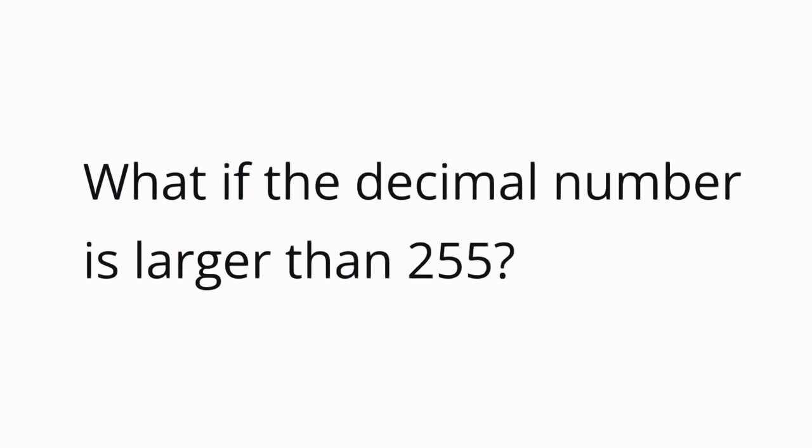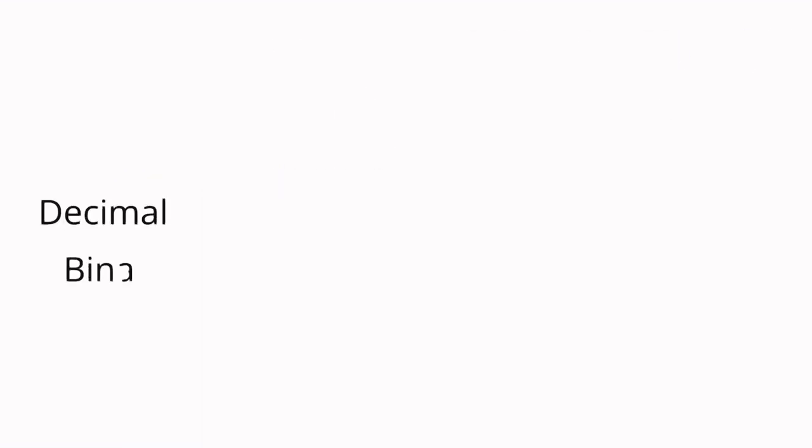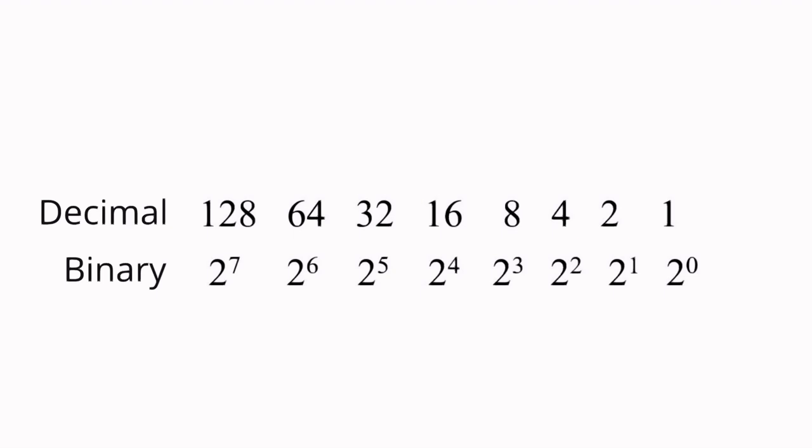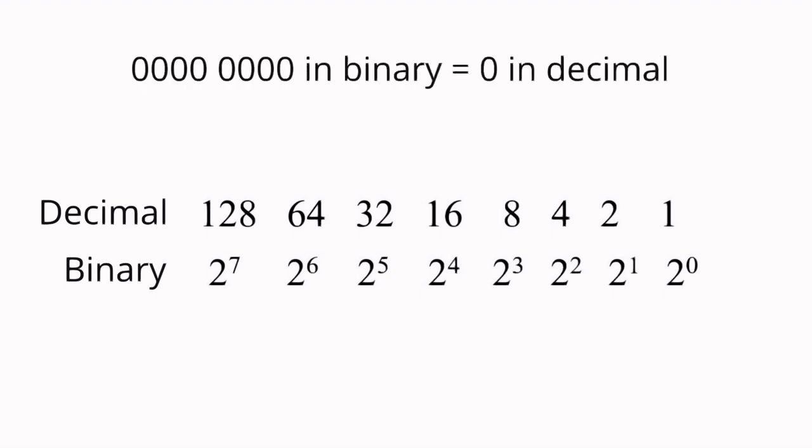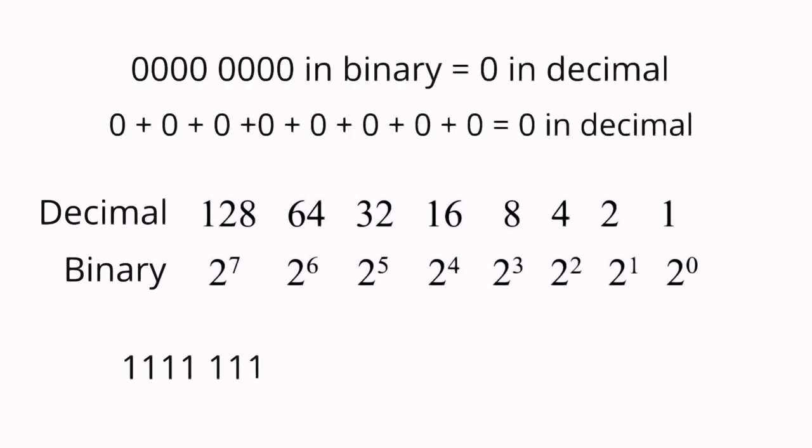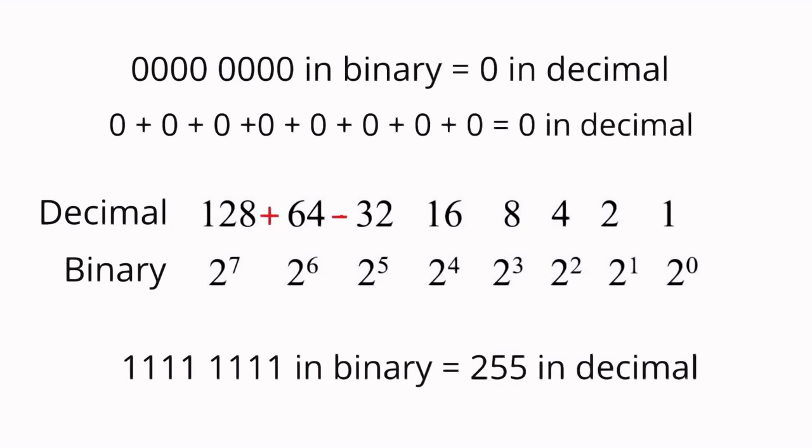This time I will show you what happens if we have a number larger than 255. Why 255, you ask? Because if you were to write down all zeros in binary, it would equal 0 in decimal. If you were to write down all ones in binary and convert to decimal using our single byte of data, it would equal 255.